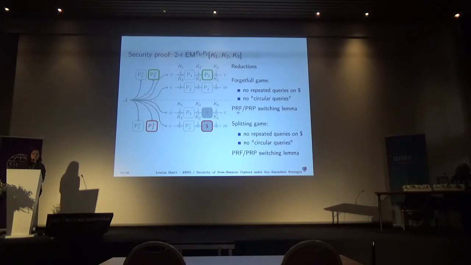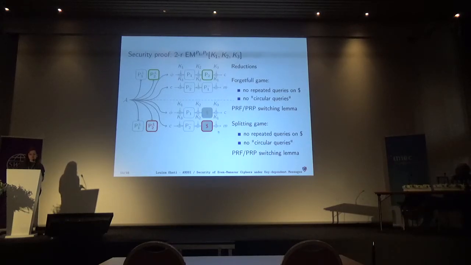Another reduction is a reduction to what we call the splitting game. In the splitting game, an adversary has access to two oracles, and these two oracles can be either the same permutation, or a permutation and the forgetful random oracle.